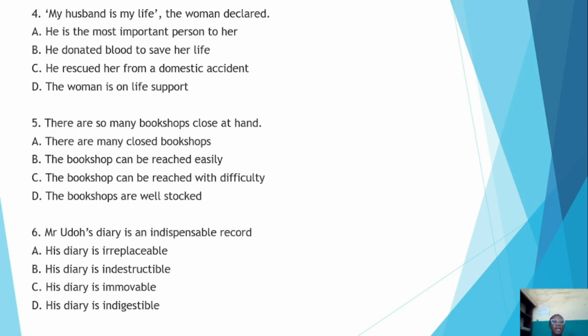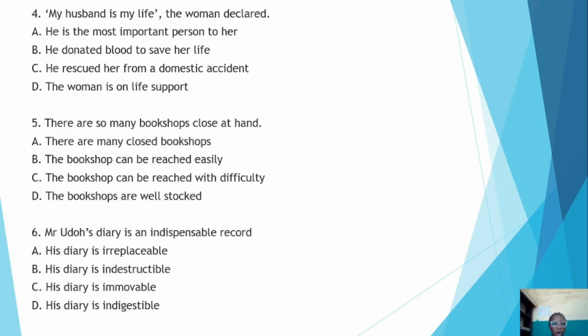Question 5. There are so many bookshops close at hand. Close at hand. Let's look at our options. Option A, there are many closed bookshops. This is wrong. You cannot say because there's close in that sentence, so there has to be close in the interpretation. Option B, the bookshop can be reached easily.